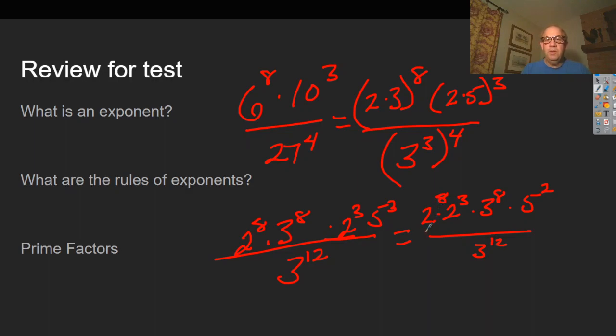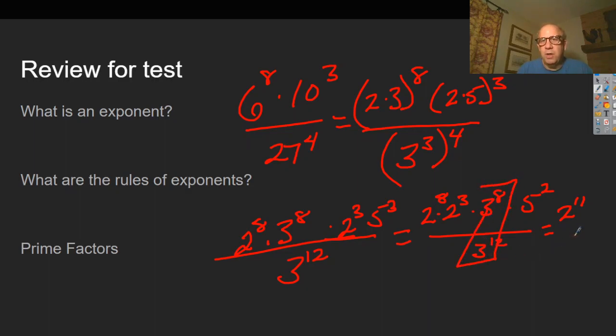So 2 to the 8th times 2 to the 3rd is 2 to the 11th. Then 3 to the 8th divided by 3 to the 12th. Notice they're all being divided by 3 to the 12th, but I'm just going to concentrate on these.